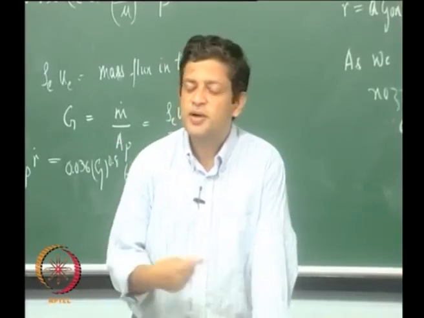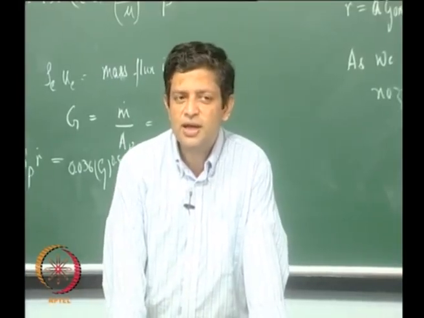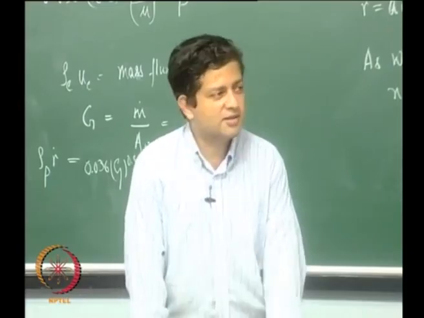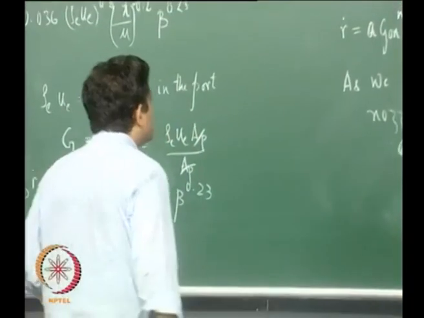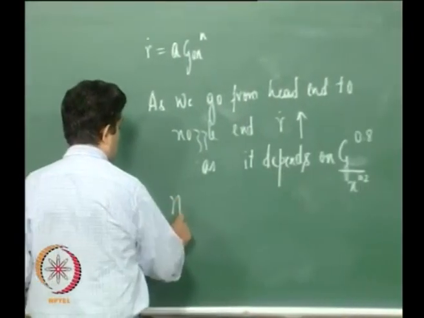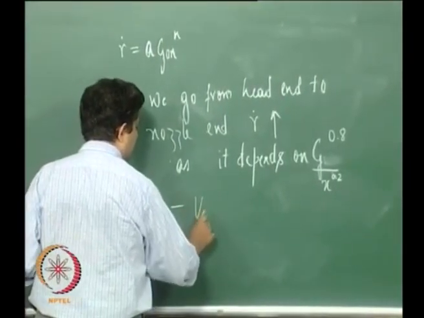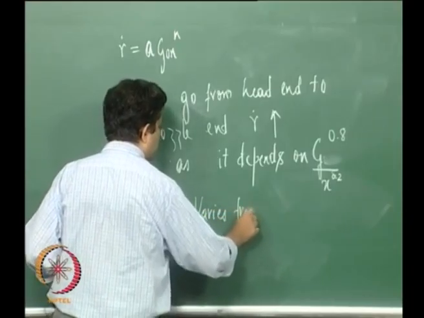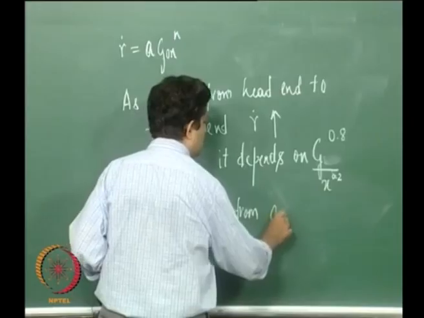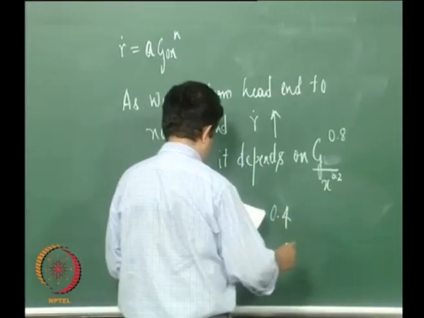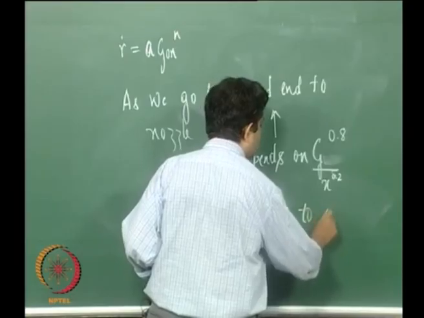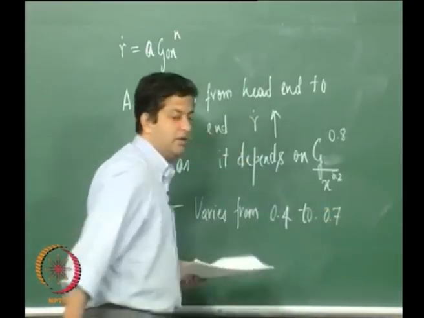People have conducted experiments and found that if you take the oxidizer mass flux, the dependence of burn rate varies; this n varies from 0.4 to 0.7.